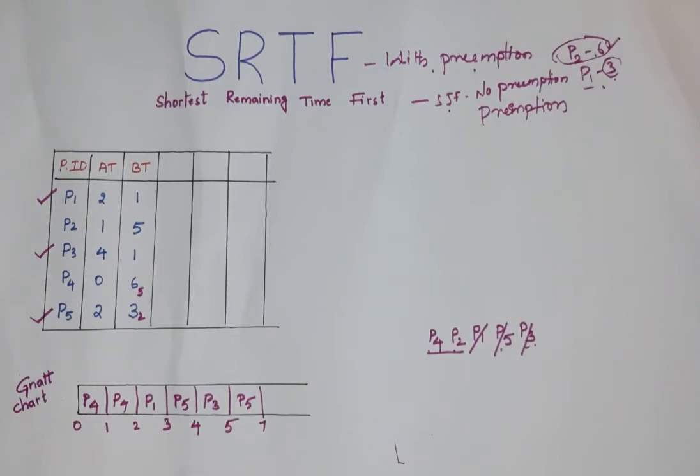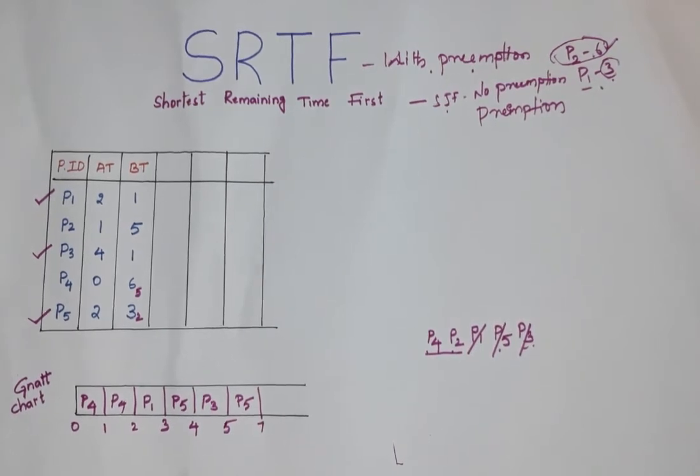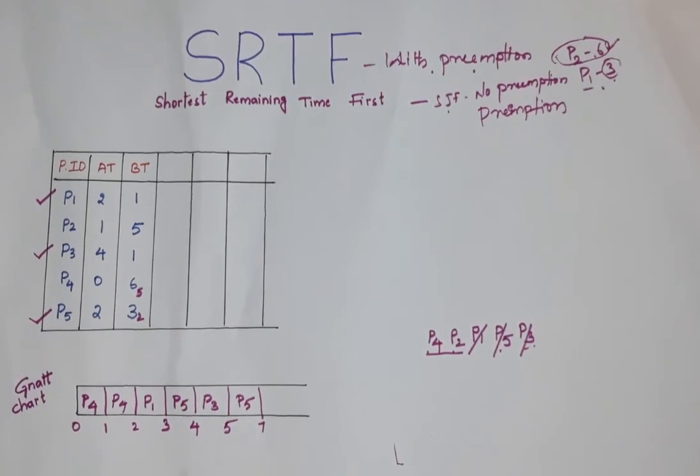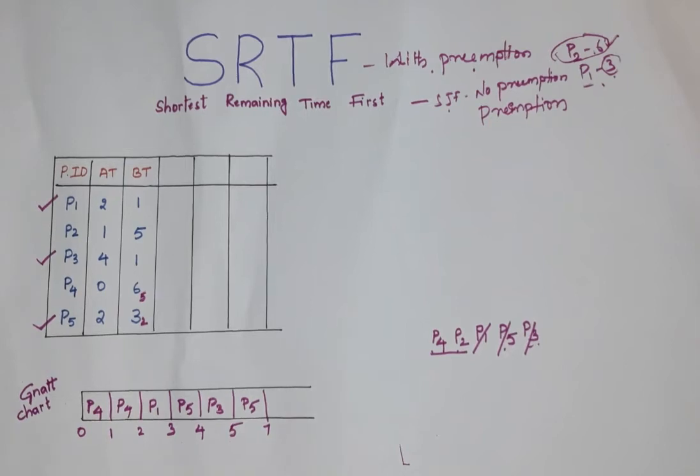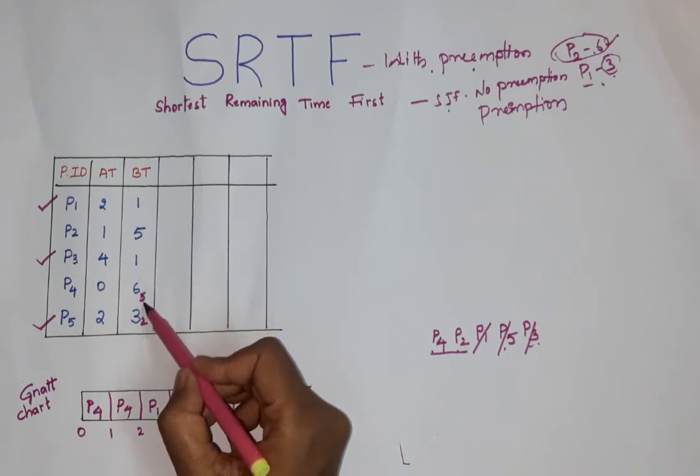Out of P4 and P2, which process has the shortest burst time? We have to check that before taking the process into the Gantt chart. Here P4, firstly we executed 1 unit of time, so it became 5.